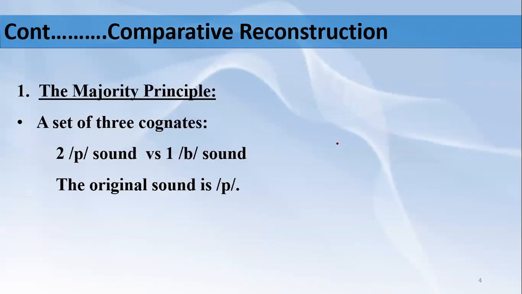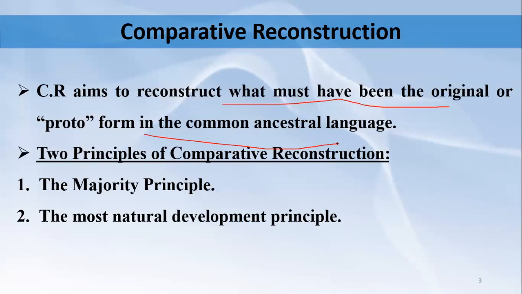As I told you, we have a set of cognates, for example, word A, B, and C, but we do not know which one is the original form, which one is the protoform. For example, if A is the protoform, then B and C must have been derived from form A, from the original word. But when we do not know, just as I showed you in the example, in such a case, we use comparative reconstruction.